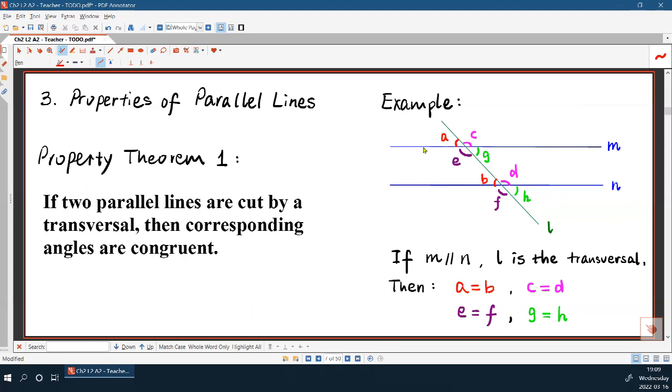So for example, if we have line M parallel to line N, and line L is a transversal, then in the 8 angles here, the corresponding angles are congruent. Therefore, A equals E, C equals G, B equals F, D equals H, because each pair is a pair of corresponding angles, right? Any questions?